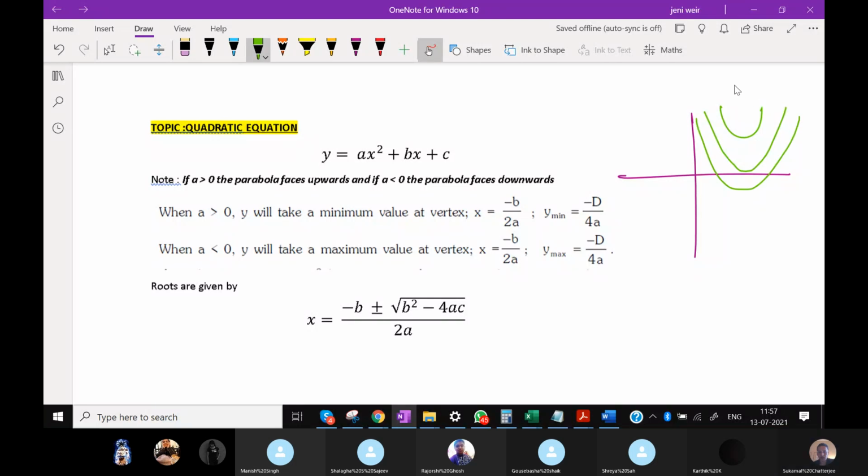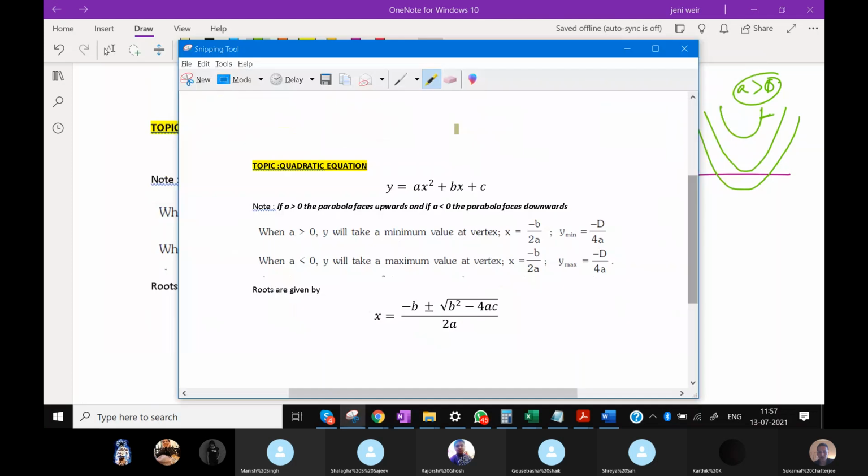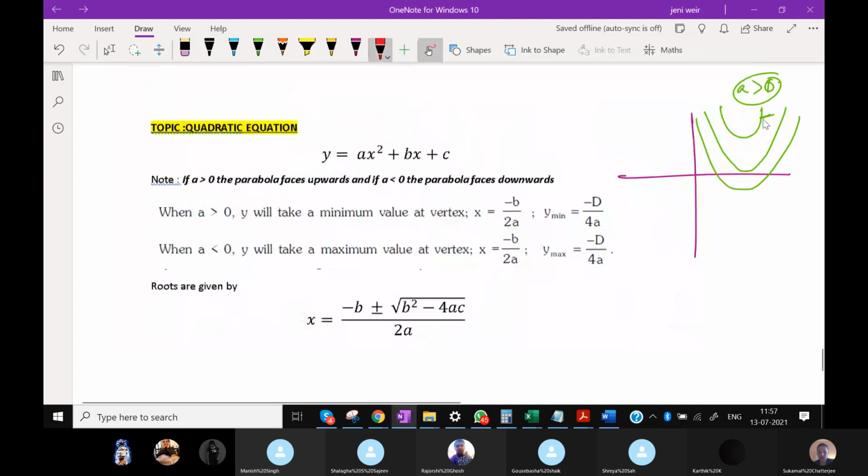That means there is no solution, or no roots. This is 1 root and this is 2 roots. And the discriminant will be less than 0 in the first case, equal to 0 in the second case, greater than 0 in the third case.